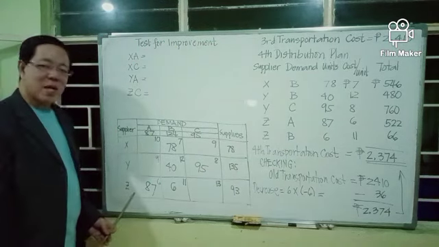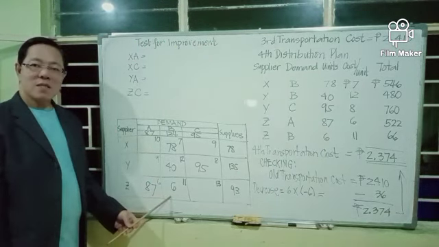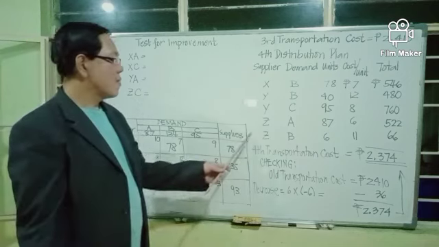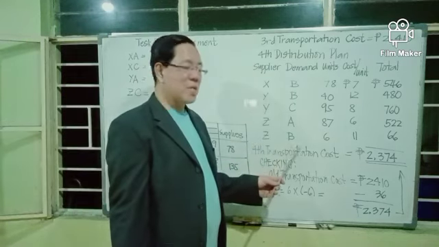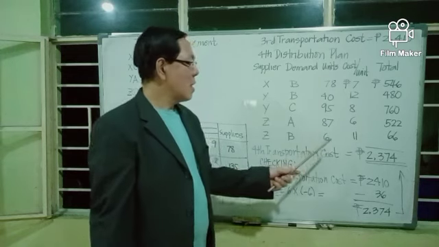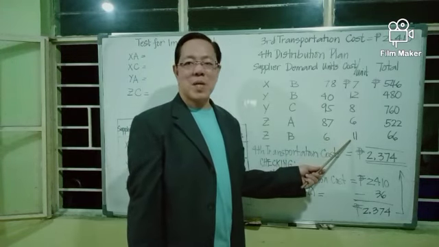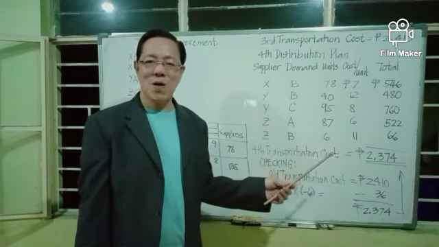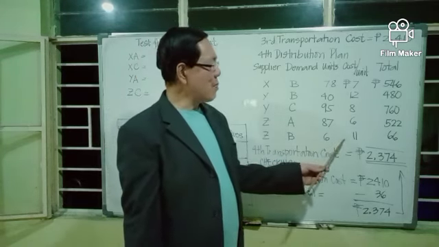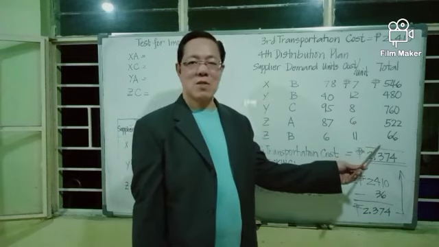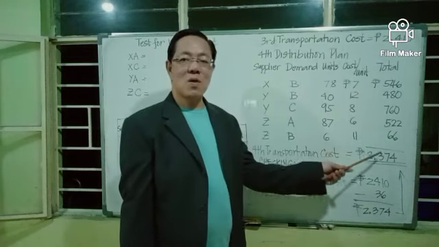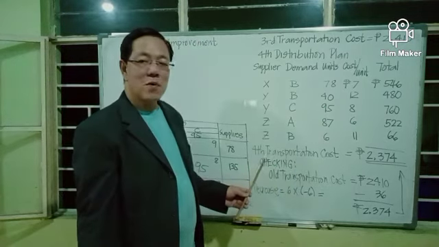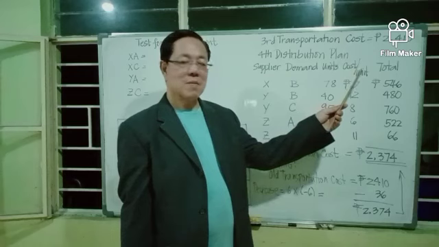Finally, from supplier C, we supply 6 units to customer B at 11 pesos per unit, for a total transportation cost of 6 multiplied by 11 equals 66 pesos. And we add the last column to get the total transportation cost for the fourth distribution plan.